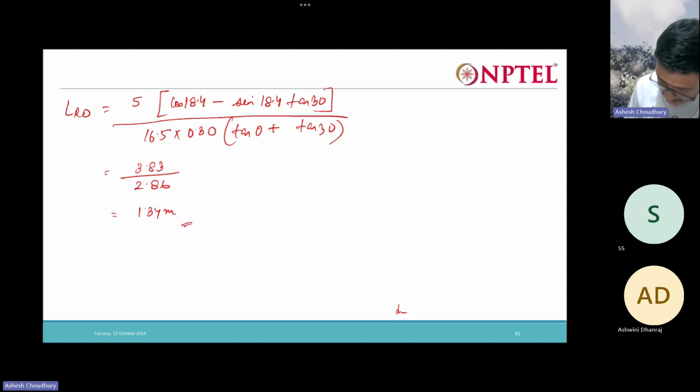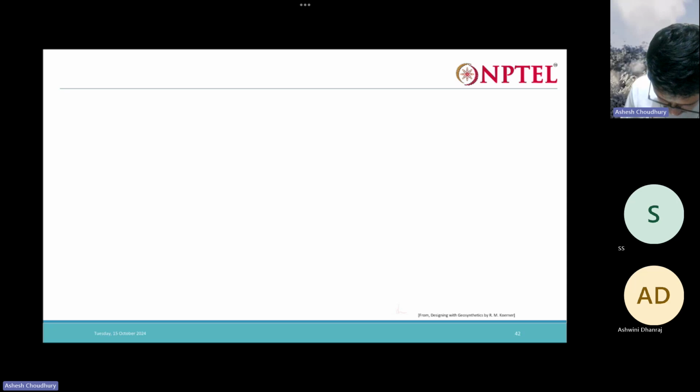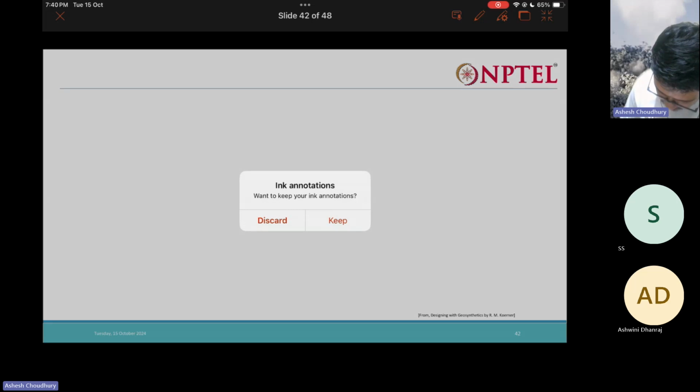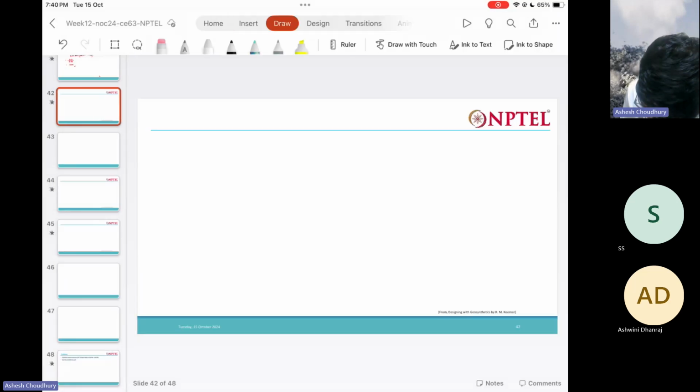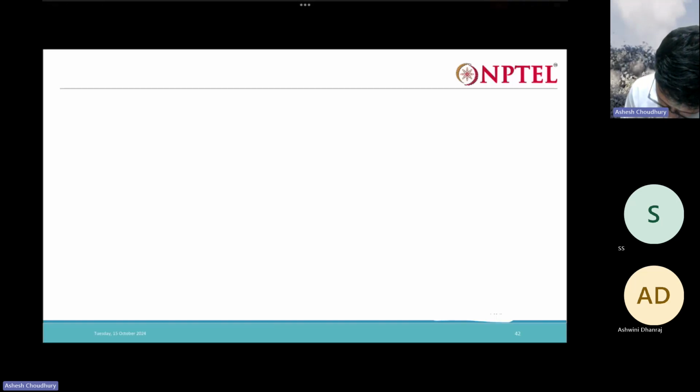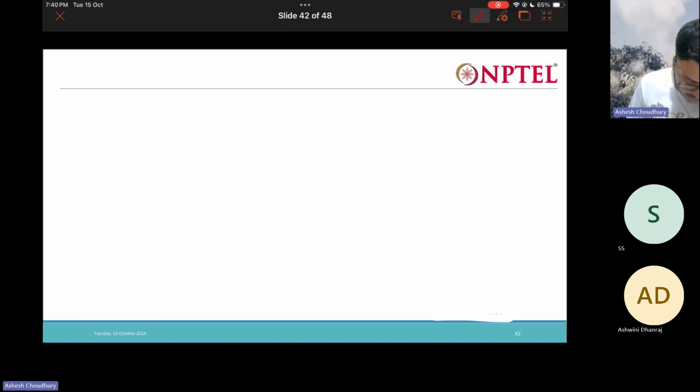Now let us see one more example where we have this anchor trench. Let me give the values. Thickness is 1.5 mm.